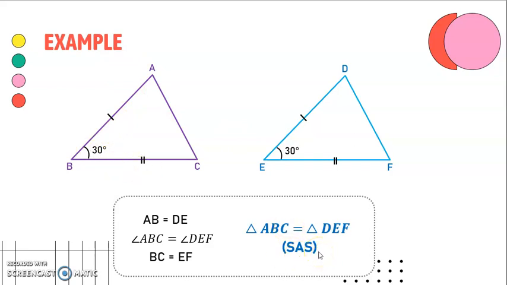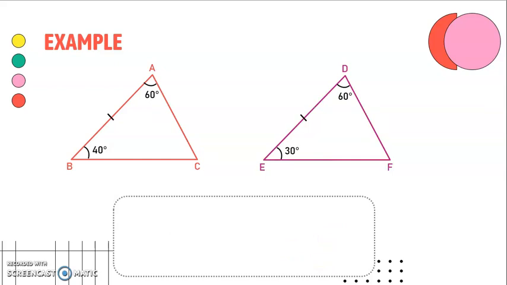Alright, next one. So we have two triangles also with two angles and one side. So we can say angle CAB is equal to angle FDE, which is 60 degrees. And then AB is equal to DE.